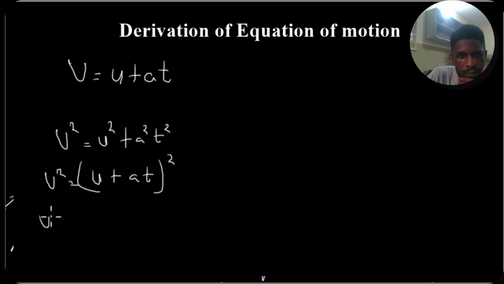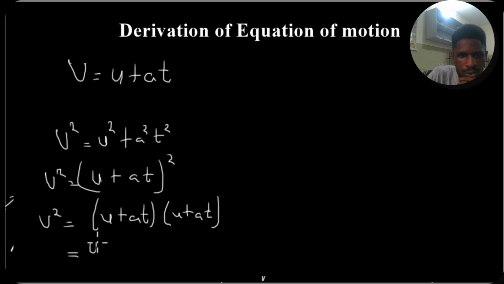And then this will be v squared is equal to u plus at and also u plus at. Okay, so here we have u squared plus uat plus again uat, then finally plus a squared t squared. Okay, so now I want to group these things together.